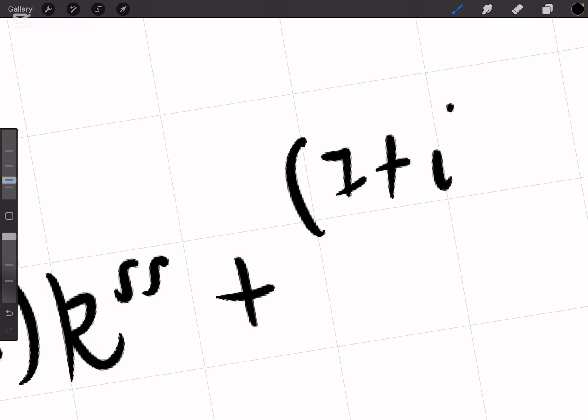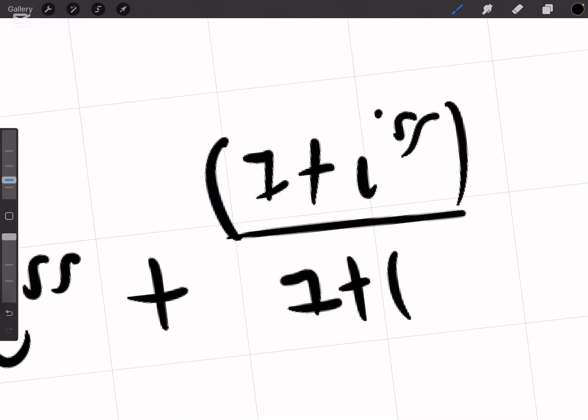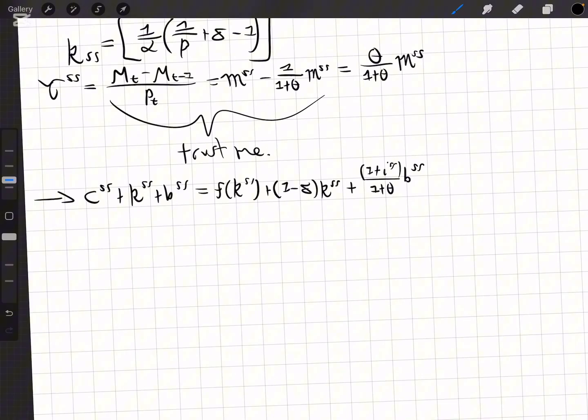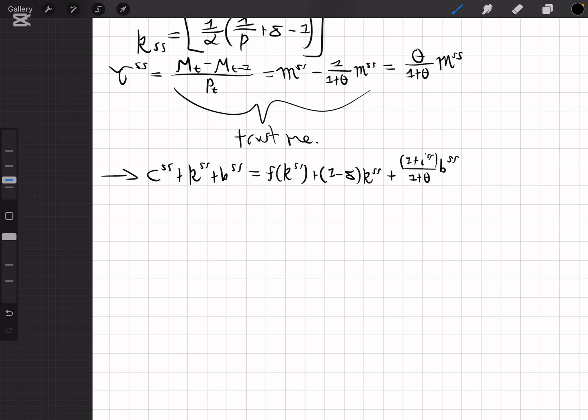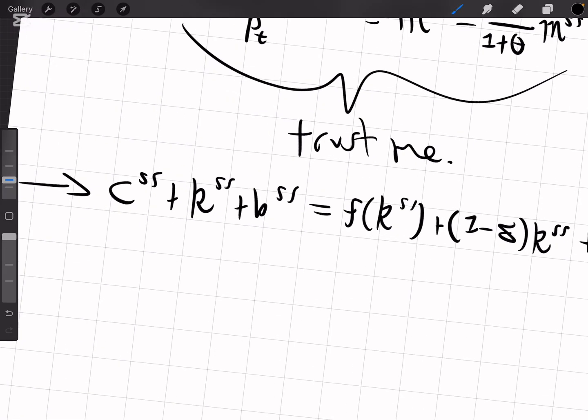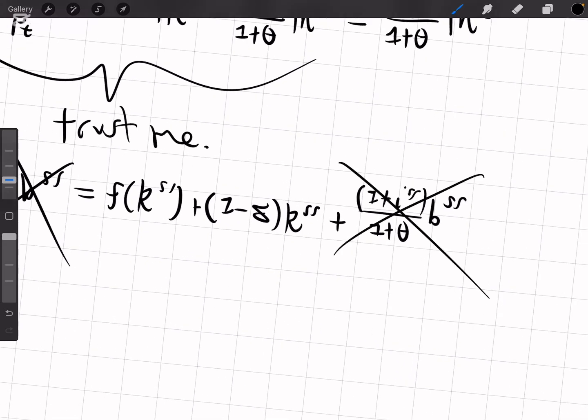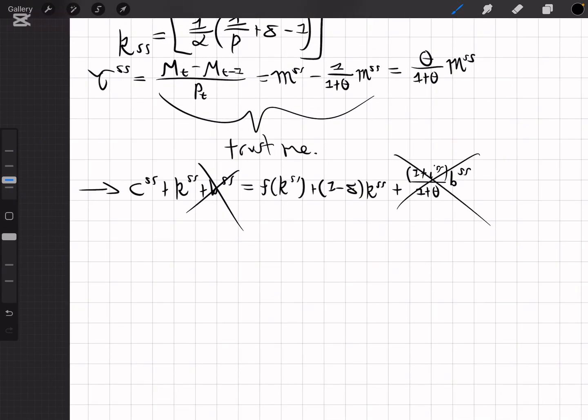Not completely, actually. I'm doing whatever I did prior. I'm kind of just copying off my own stuff here. Okay. So this is what it is. This is falling to 0, so that's gone. And then also on that side as well. So you're left with this right here.